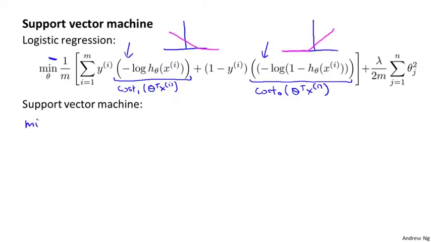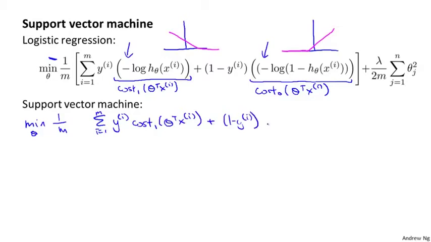So what we have for the support vector machine is a minimization problem of 1 over m, sum over my training examples of y^i times cost 1 of theta transpose x^i plus 1 minus y^i times cost 0 of theta transpose x^i, and then plus my usual regularization parameter, like so.